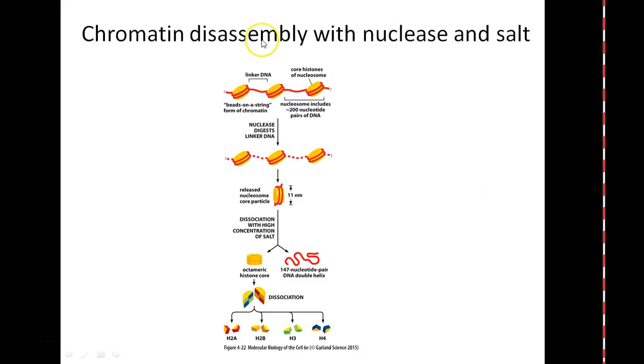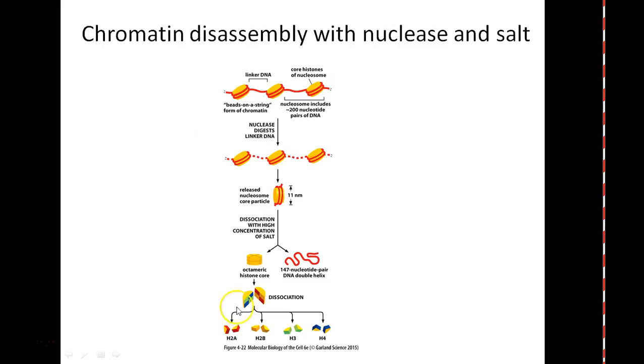This is an important tool, sodium chloride or other salts, because researchers are using this tool to study chromatin and disassemble chromatin in vitro when they do experiments with chromatin.